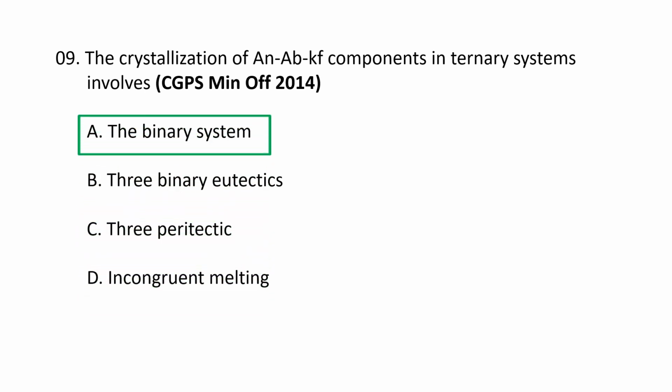When considering the crystallization of anorthite, albite and potash feldspar components in a ternary system, the process involves the binary systems of anorthite albite, albite potash feldspar and anorthite potash feldspar, as these binary relationships within the ternary system determine the crystallization path and the phases that will precipitate out at different temperatures. So the correct option is A, binary system.